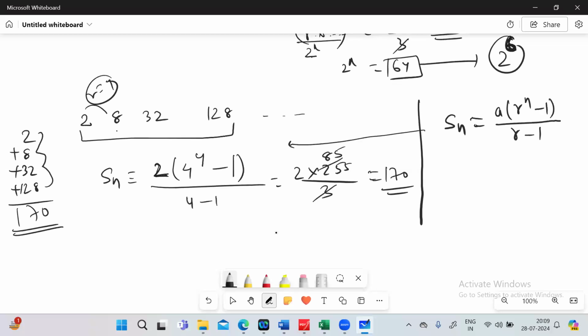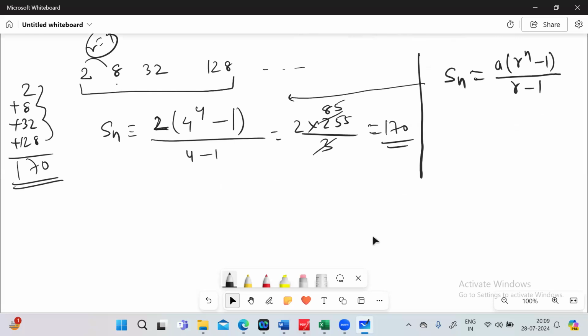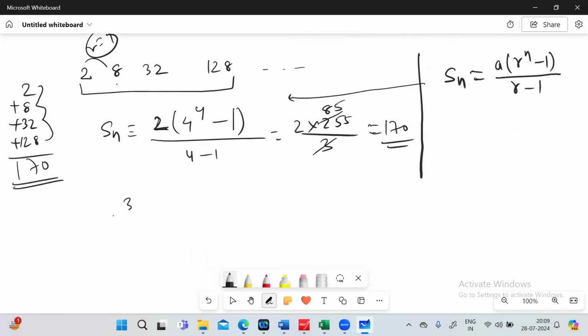So this is the formula, but there is a very interesting fact here. In some cases, you may find that R is not greater than 1. R is less than 1. Like 32, 16, 8, 4, 2, 1.